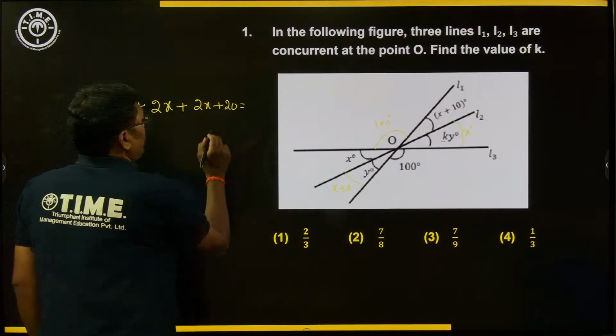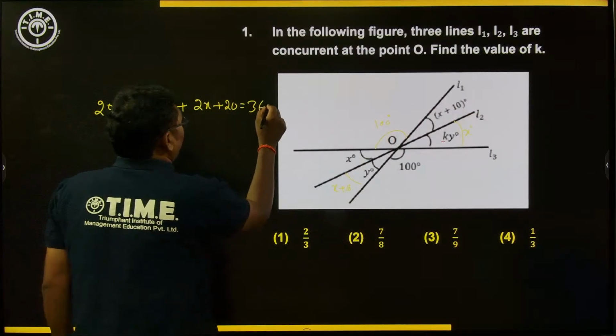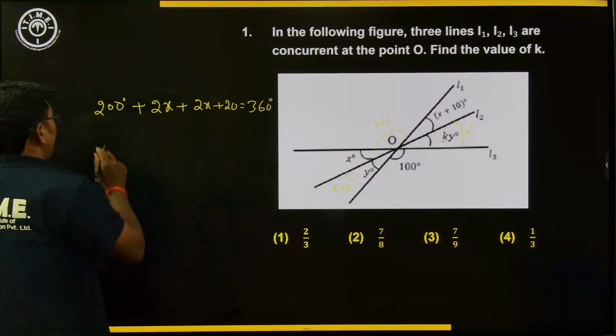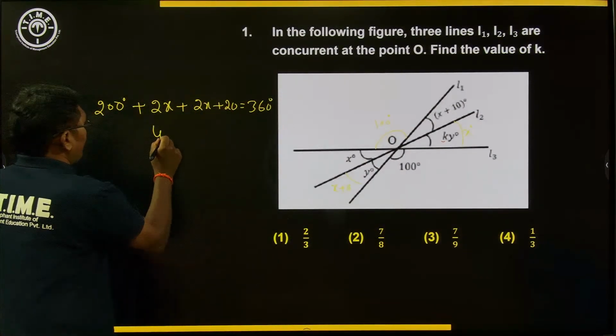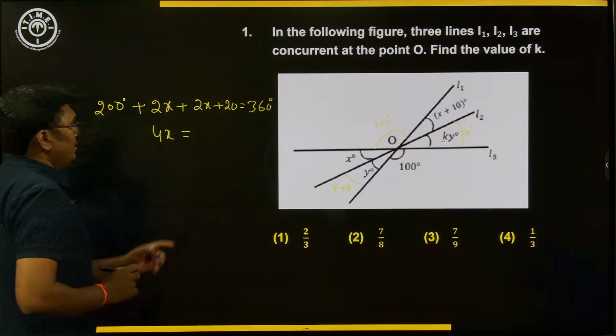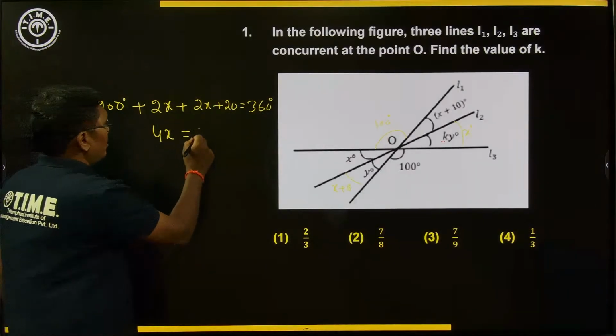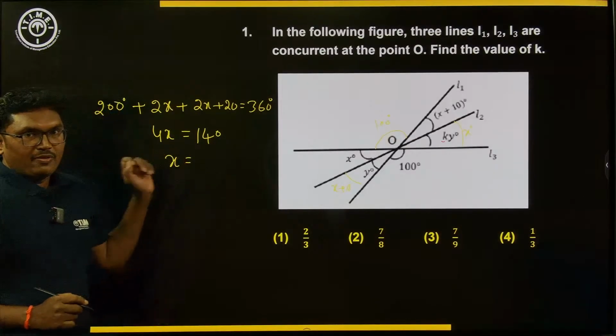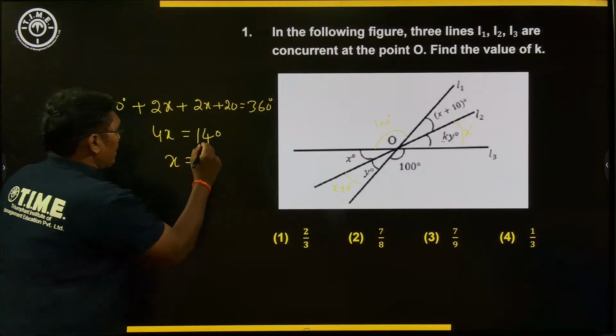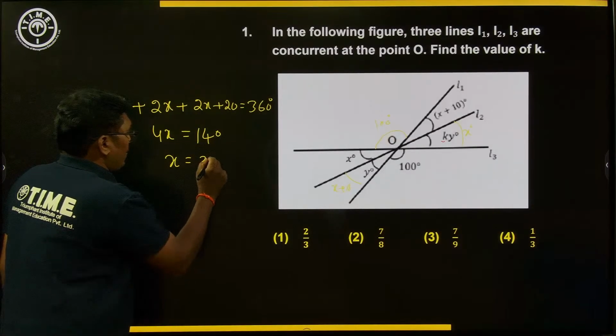So this is equal to 360. This is 200, this is 20, 220. 4x is equal to 360 minus 220, that is 140. So x is equal to 140 by 4, that is 70 by 2, 35.